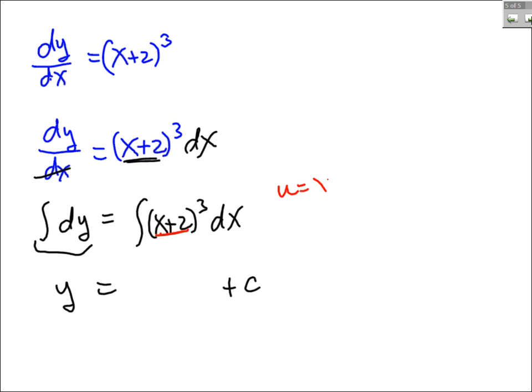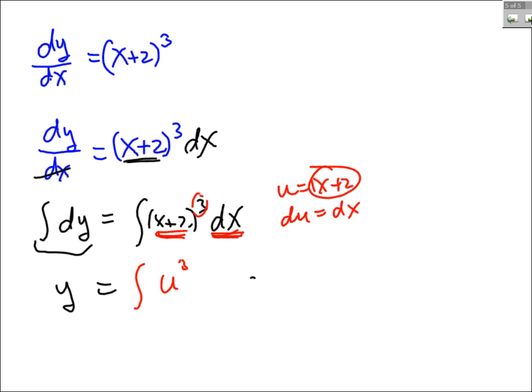If I let u be x plus 2, then du is 1 dx. That is du. That is, I have the integral of u cubed, because that is u, this is u cubed, and that is du.